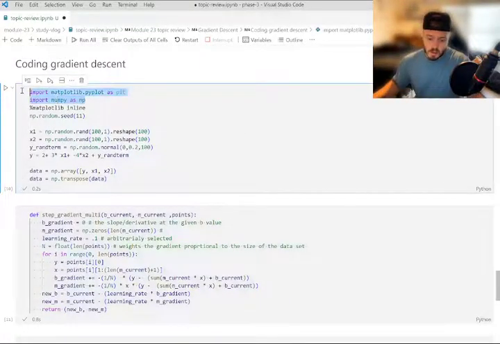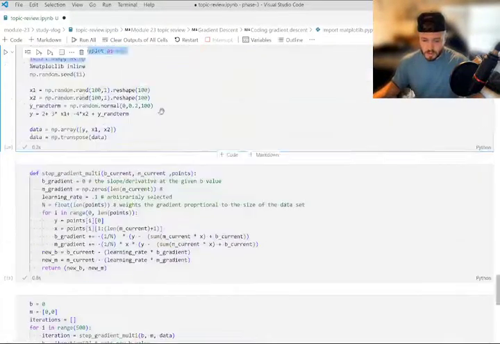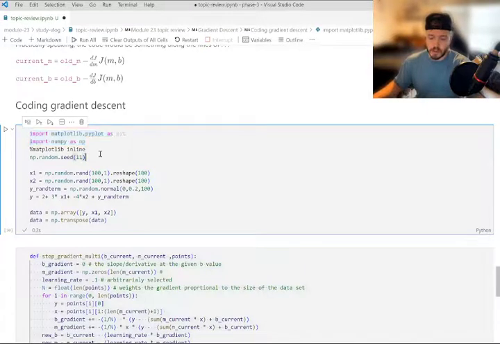So we're importing, I don't know why I imported matplotlib, actually. I didn't end up running any visualizations here. But anyway, we import NumPy, at least, because that makes it really easy to do cool math stuff in Python. Setting a random seed here, you don't have to set a random seed if you're trying this out.